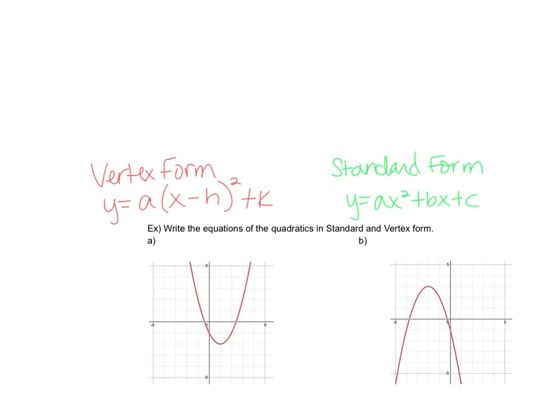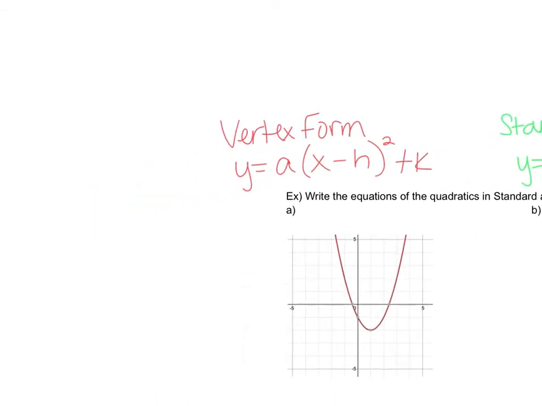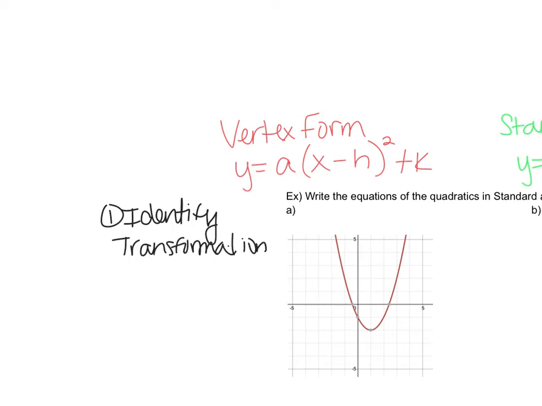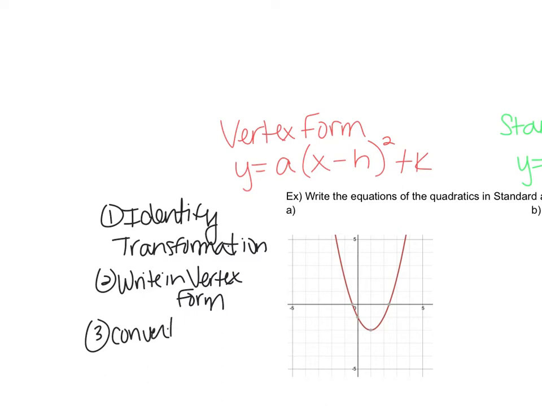So first, whenever you do this, step one is identify the transformations. Then write in vertex form. And then the last step is to convert to standard form.